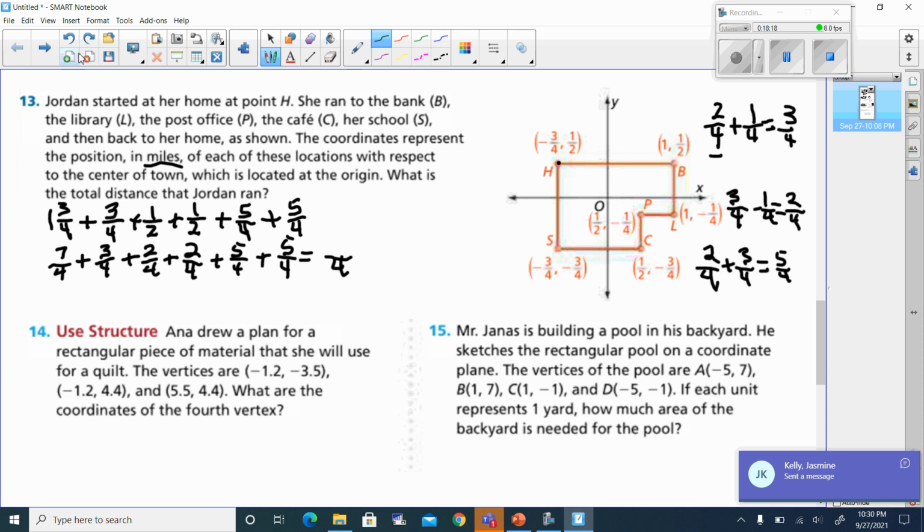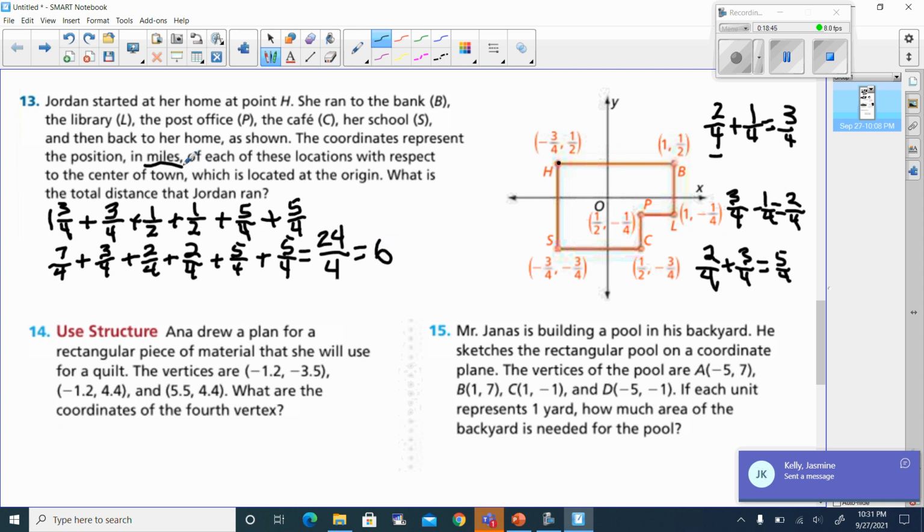I'm just going to do this because I don't want people thinking that that could be a 9. I want to make sure they know it's a 4. So 7 and 3 is 10, 11, 12, 13, 14. 14 plus, well, 5 and 5 make 10, and 10 and 14 make 24. And 24/4, remember, every fraction is a division problem. 24 divided by 4 is 6.